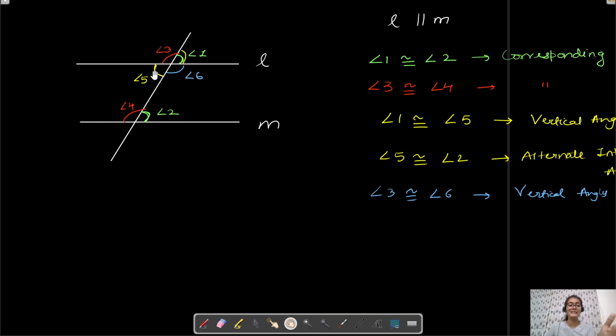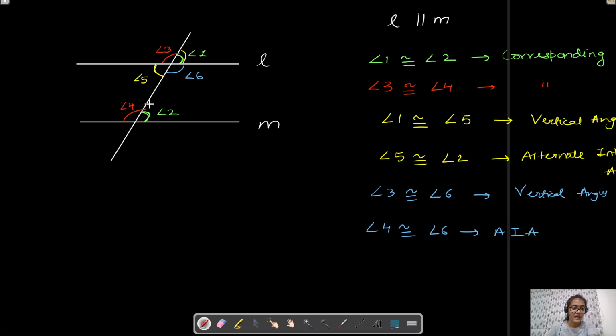Okay, now angle 3 is congruent to angle 6, and angle 3 is also congruent to angle 4. So that means angle 4 and angle 6 will be also congruent. Angle 4 will be congruent to angle 6. Again, they are alternate interior angles.